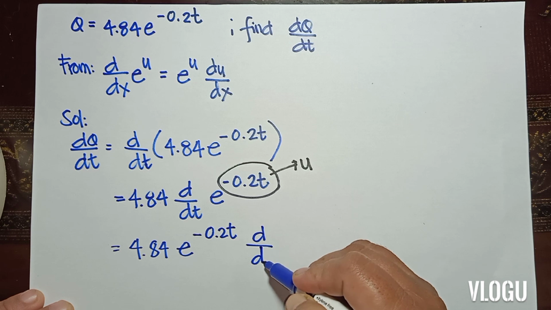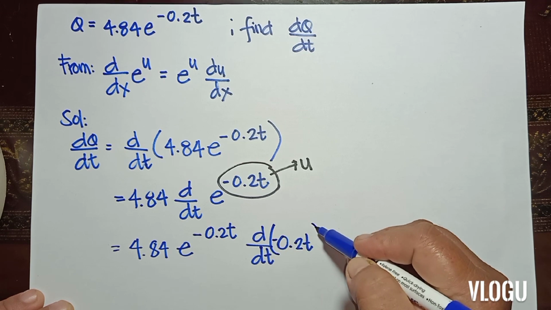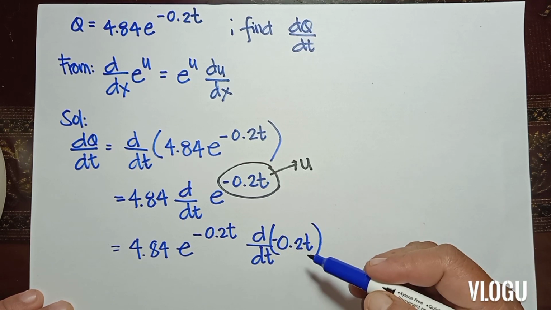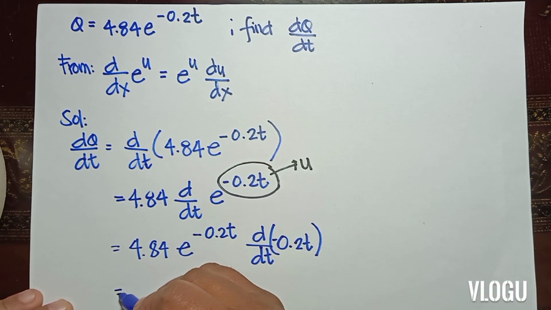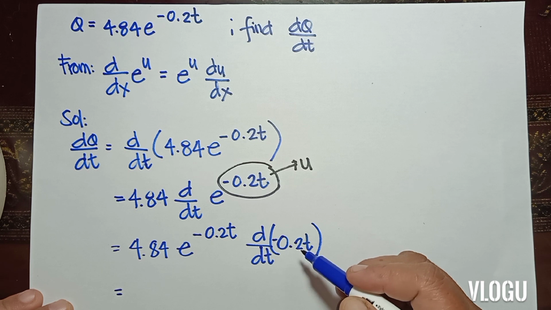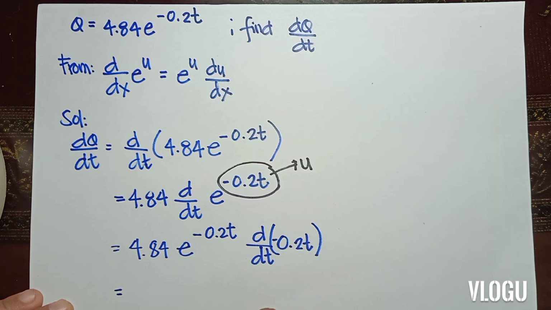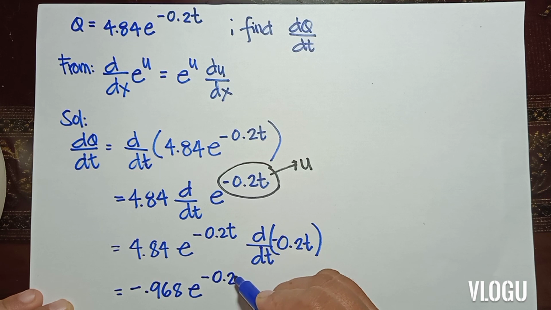Derivative of u, d dt of negative 0.2t. Derivative of negative 0.2t is equivalent to negative 0.2. So negative 0.2 times 4.84 is equal to negative 0.968 e to the negative 0.2t.